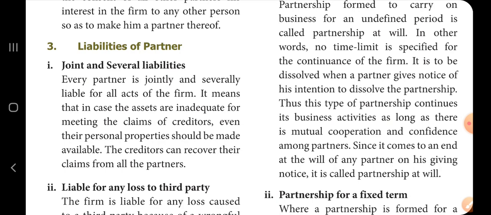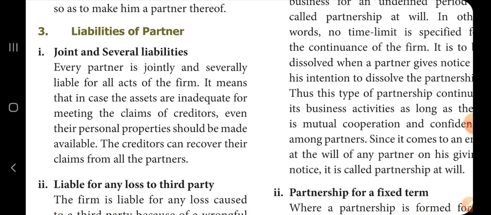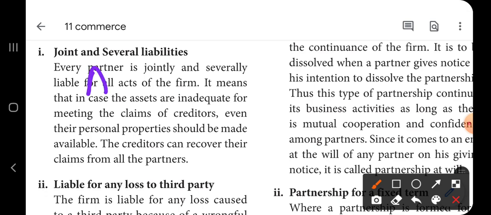You have learned earlier in the characteristics of partnership, the liability of partner is unlimited, meaning that even the personal properties of the partners will be used to repay the debts. Now, joint and several liability, meaning suppose if there are A, B, C, 3 partners and they have to pay the creditors a sum of 10 lakhs.